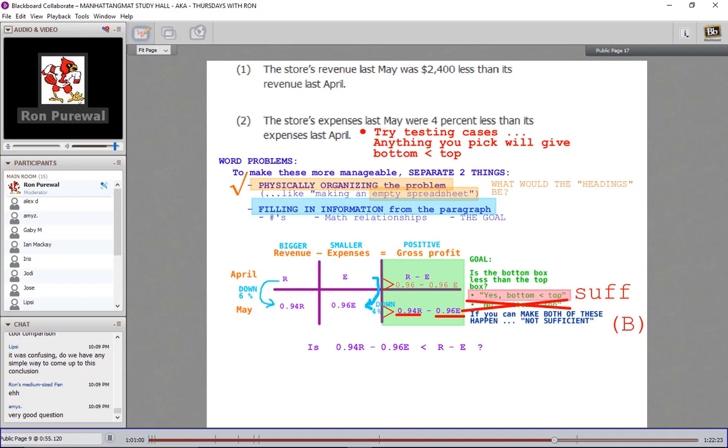You can just do algebra with this. Subtract 0.94R. Don't forget to keep the question word. You can also add E to both sides. That'll cancel here, and they'll give you positive 0.04E over there.